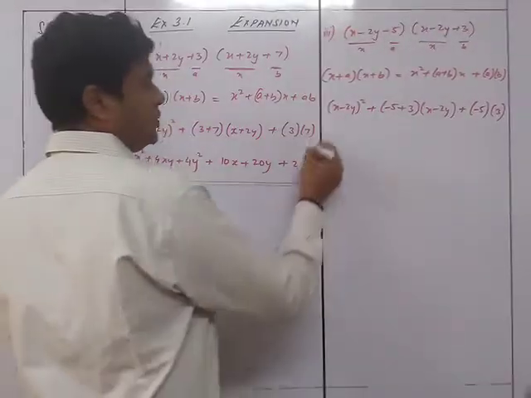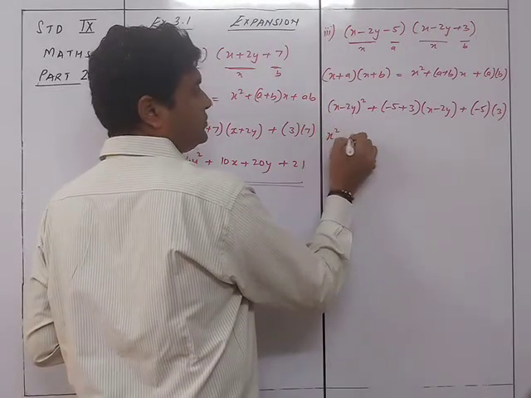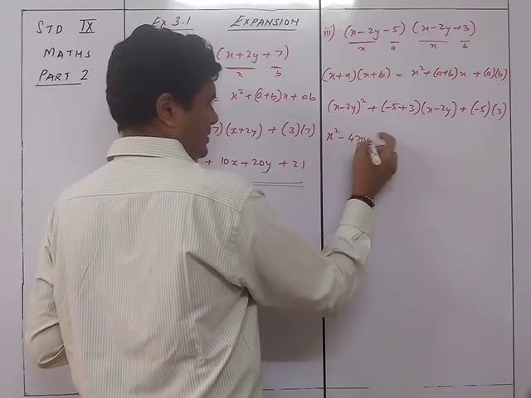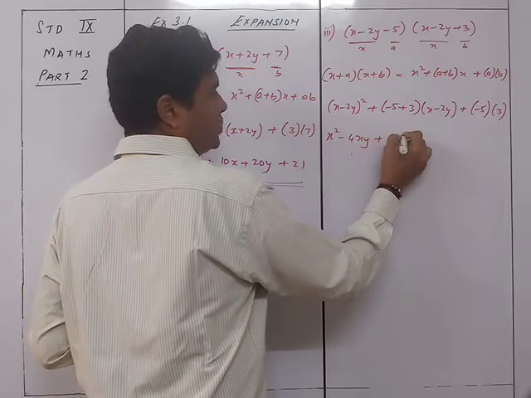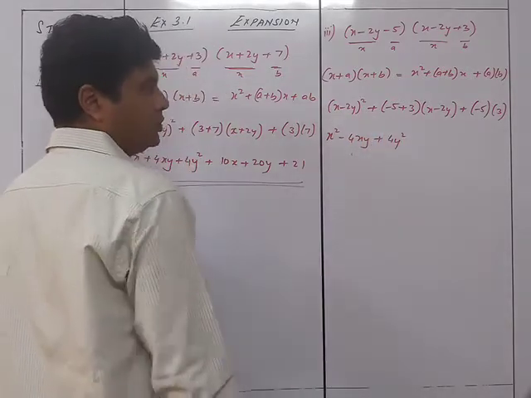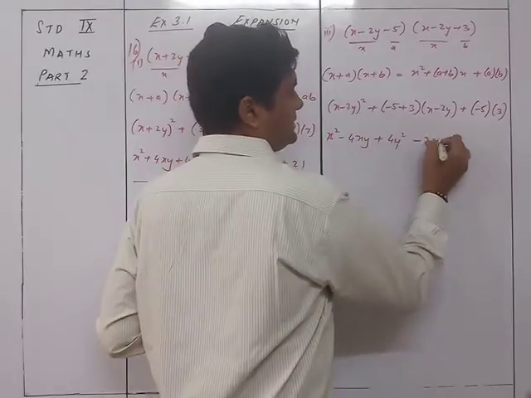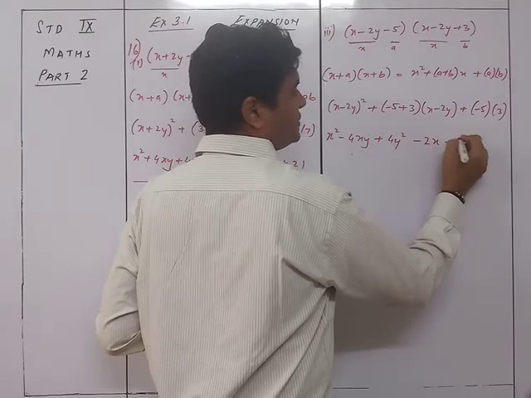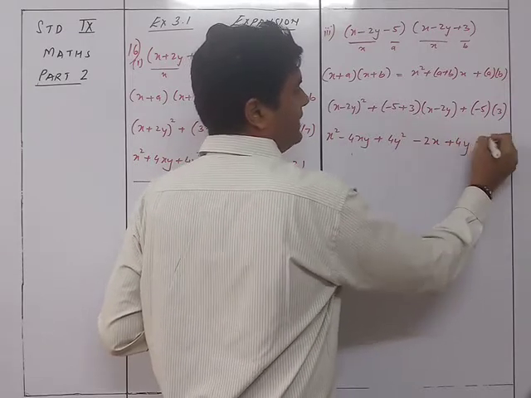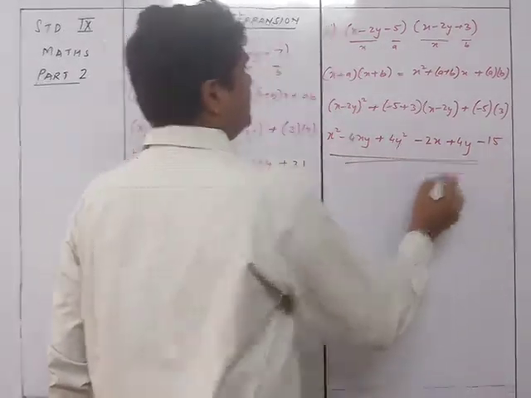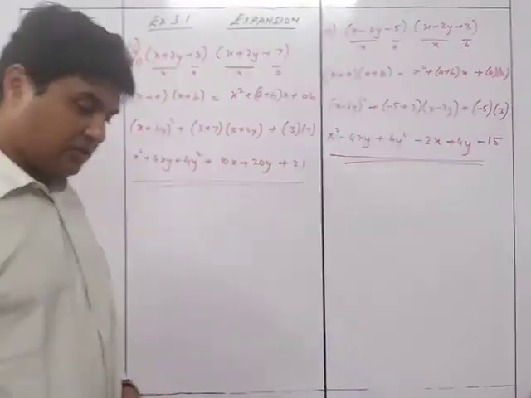Okay, so this will be x square minus 4xy plus 4y square. Now this is minus 2, so minus 2 into x, it will be minus 2x, minus minus plus, so plus 4y, and then minus 15. So that's the answer for sum number 16's third part.